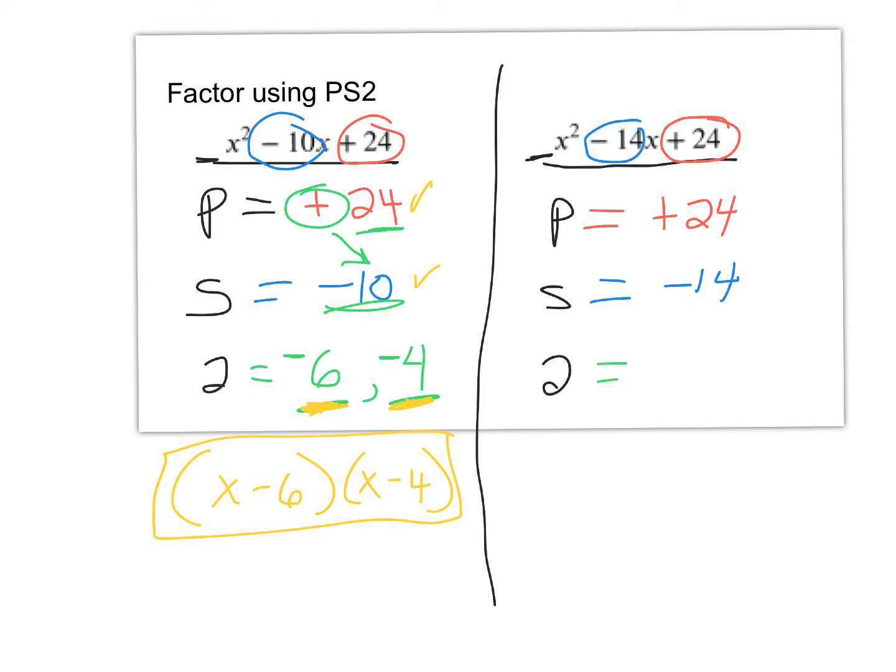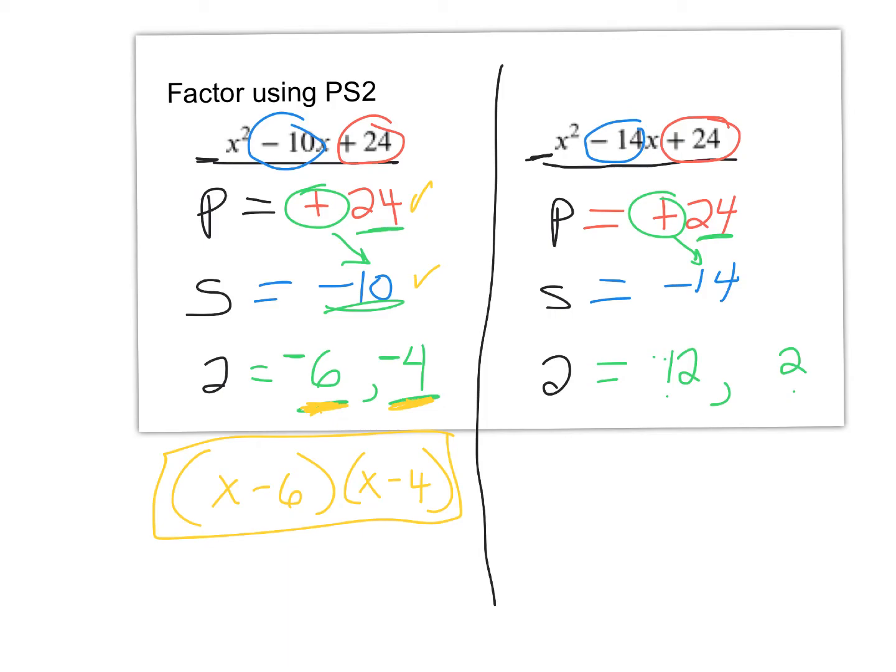So, two numbers that multiply to 24 but add to 14, not negative 14, just 14, again, is going to be what? 12 and 2. Now again, if you did 2 and 12, it doesn't matter the order.